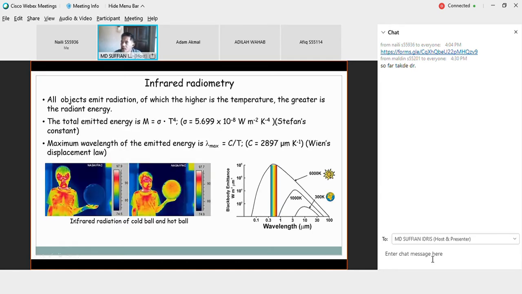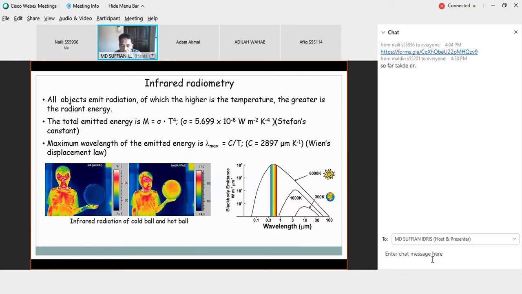So all objects emit radiation, of which the higher the temperature, the greater is the radiant energy. Ini the concept of black body. So badan kita juga black body, so you akan emit radiation. And then the intensity or magnitude of radiation depends on the temperature of the object.